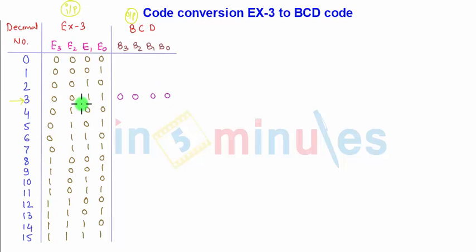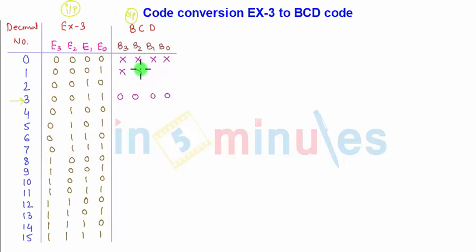So this indicates that the first 3 combinations are don't cares, for which output is also not present. That means for XS3 combinations of 4 bits, these 3 combinations 0, 1, 2 will not be a valid output. So these are the don't care conditions that we have to put here. For the first 3 combinations of the XS3, output will be don't care for the BCD.